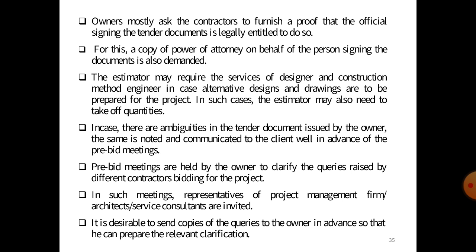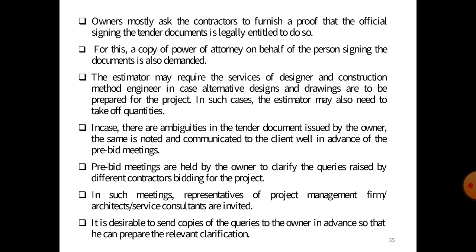The owner mostly asks the contractor to furnish proof that the official signing the tender document is legally entitled to do so, and for this a copy of the power of attorney on behalf of the person signing the document is also demanded.